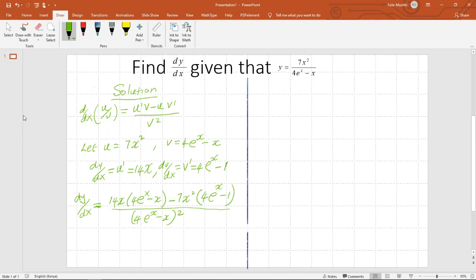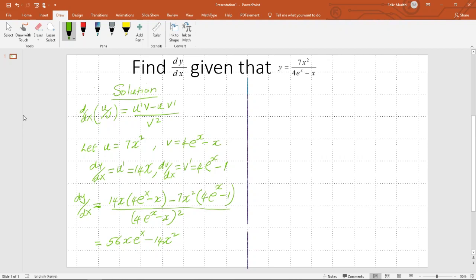So next we simplify that. 14x times 4e^x will give us 56x e^x, minus 14x times x, which gives us 14x squared.